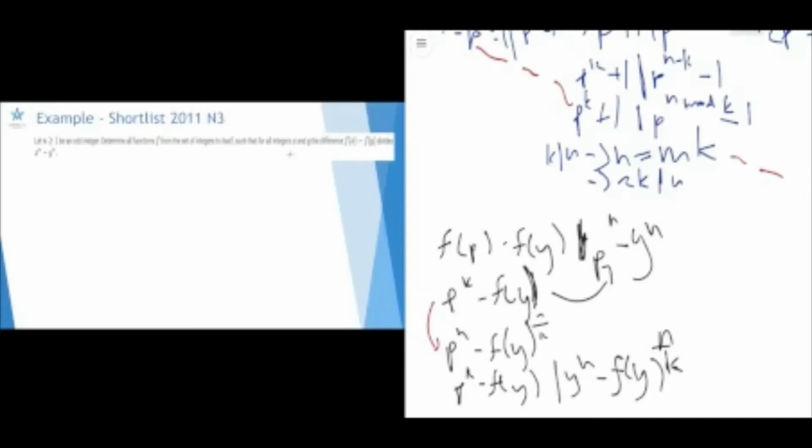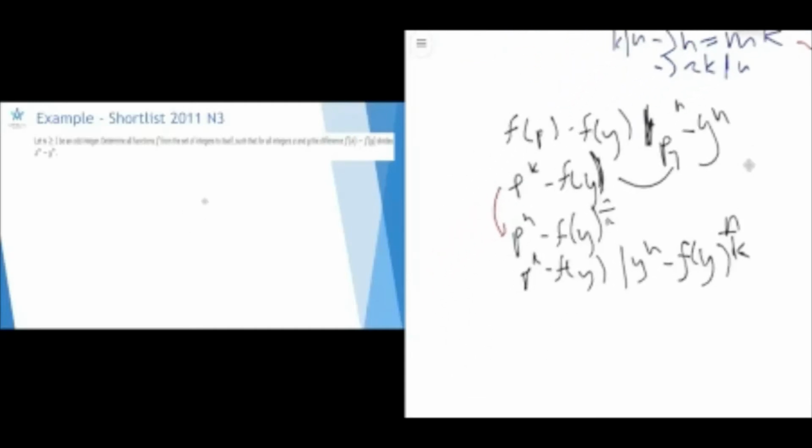So here's where the size argument comes in. Now, we said we were going to choose one p. Well, let's choose some super large p, because if we fix y, then we can choose p super large, heading towards infinity.